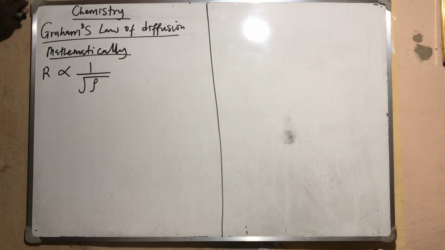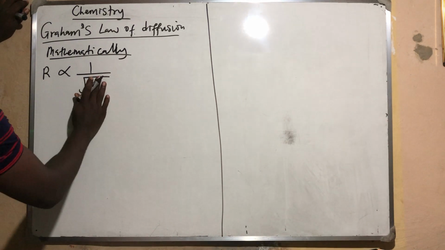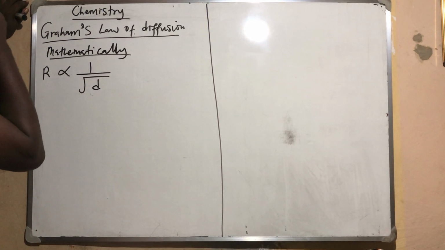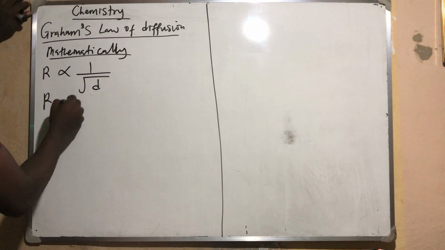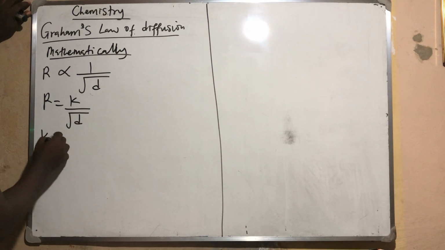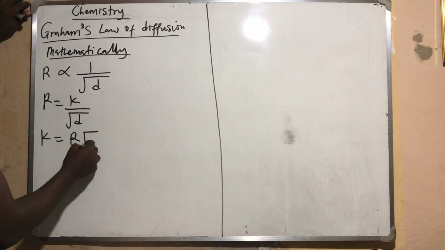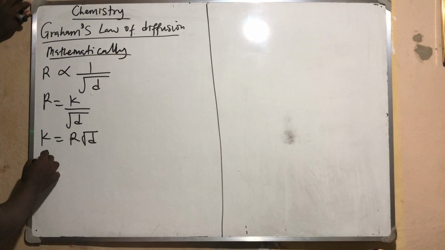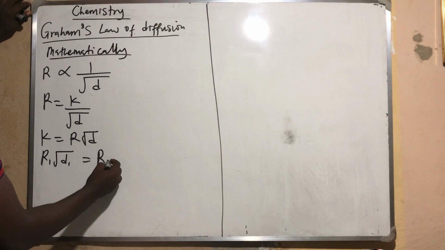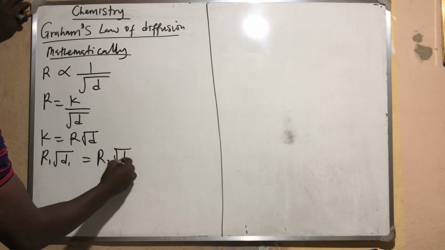Let's just use D as density. So we now have that R is equal to K over the square root of D. So therefore K is equal to R times the square root of D. So we have that R1 times the square root of D1 is equal to R2 times the square root of D2.